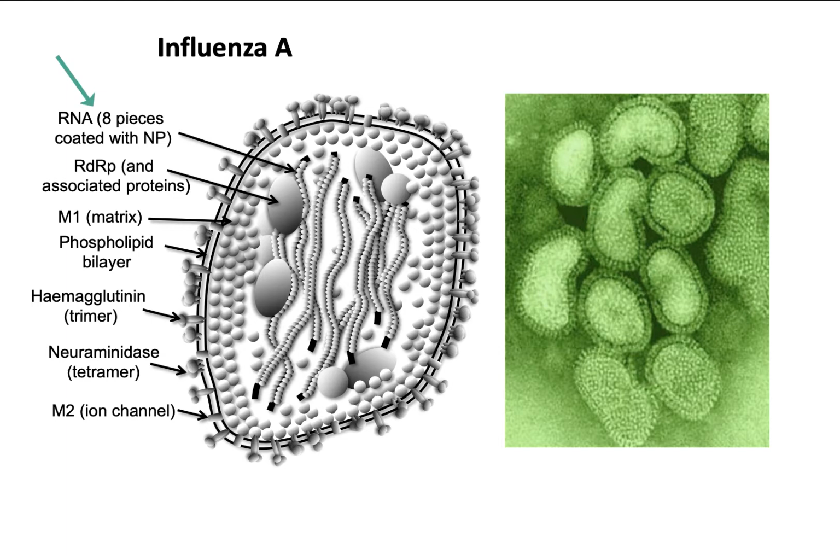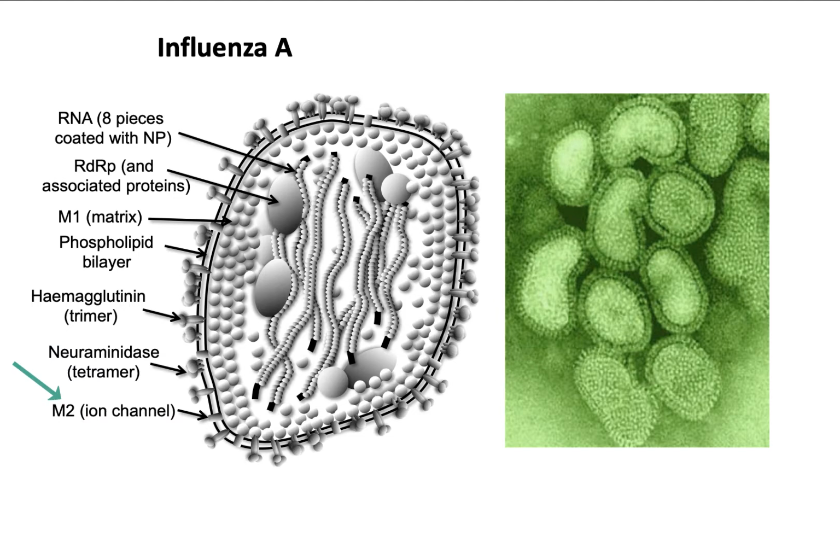It actually has 8 chromosomes, so it carries 8 pieces of RNA coated with nucleoprotein. It also carries along with it an RNA-dependent RNA polymerase. Then there's the matrix protein. The phospholipid bilayer comes from the host membrane. And then there's the hemagglutinin, which is a trimer, and the neuraminidase, which is a tetramer.